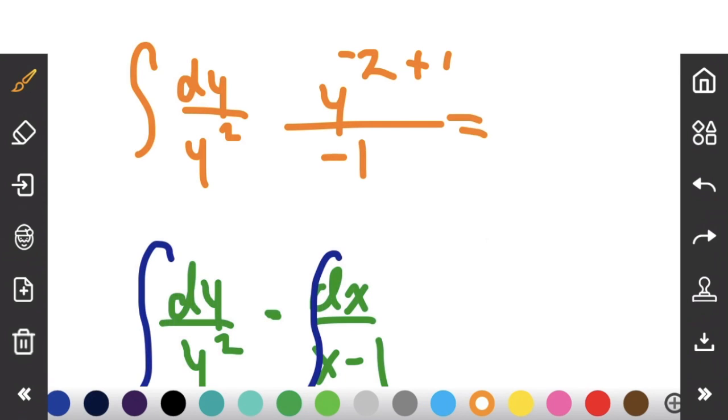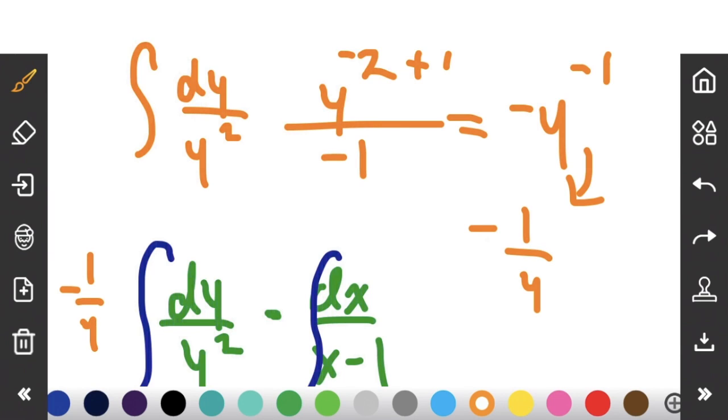So this becomes negative y to the -1, which is equal to -1 over y. So we'll mark that over here, -1 over y, is the integral of dy over y squared.